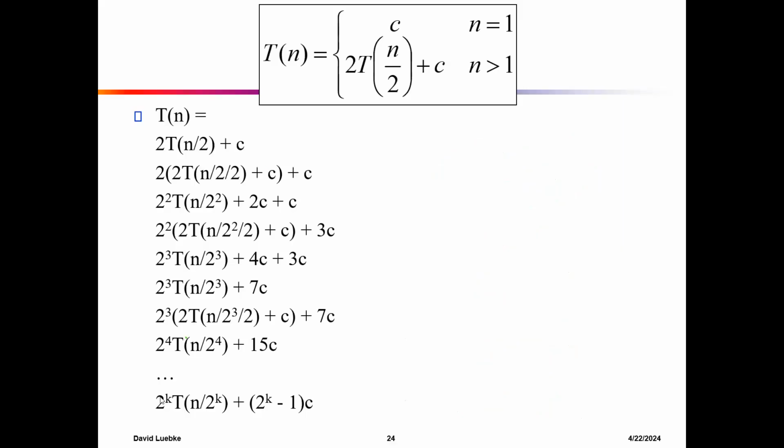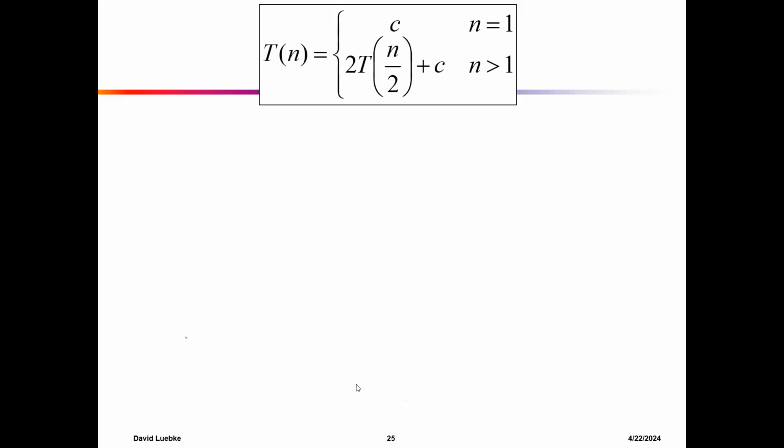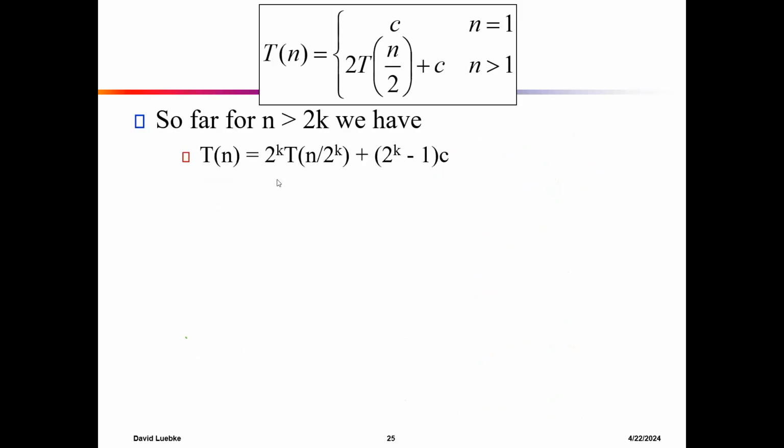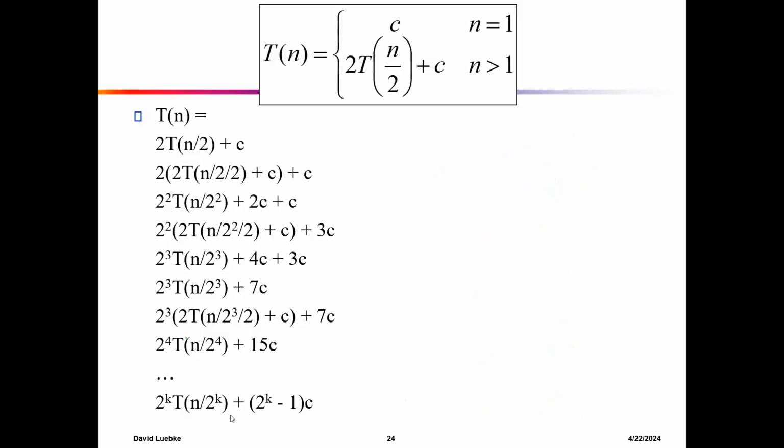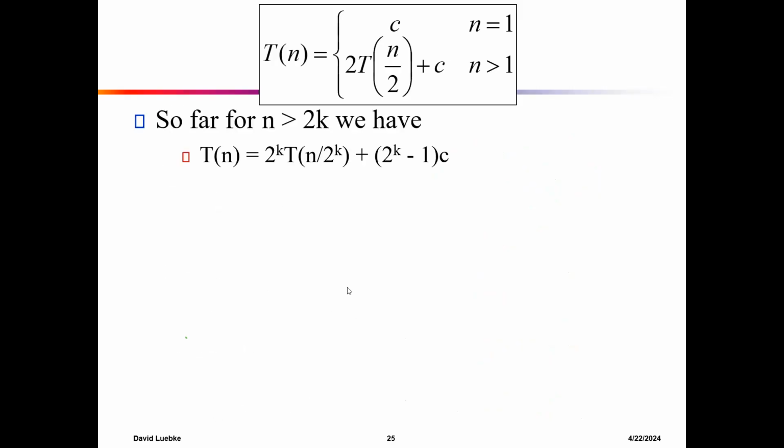So what happens if k is equal to log of n? So far, n is greater than 2 to the power k, because we keep dividing by 2, right? So we have this generalization, which is the same thing here. This generalization is what we bring across here. But what if k is equal to log n? Then 2 to the power of k is equal to n.